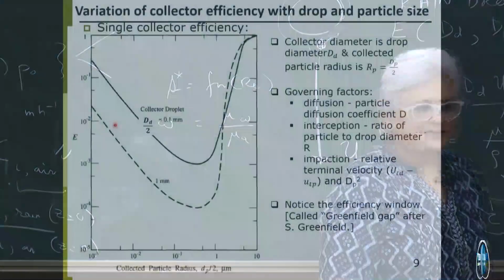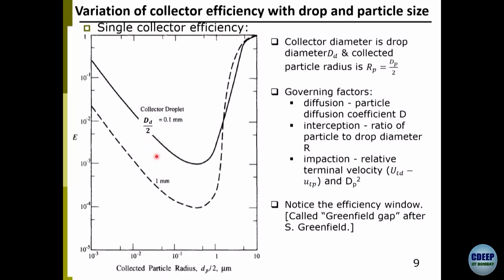Okay. And then we come up with an interesting finding, which is that now we have the single collector efficiency being plotted, and yes, you have dP, in this case dP by 2 is being plotted on the x-axis, collected particle sizes, and of course you have to specify how it changes when you have the collector diameter change, and that is dd by 2, and that is 0.1 millimeter is the top line, and the dashed line is 1 millimeter, right?